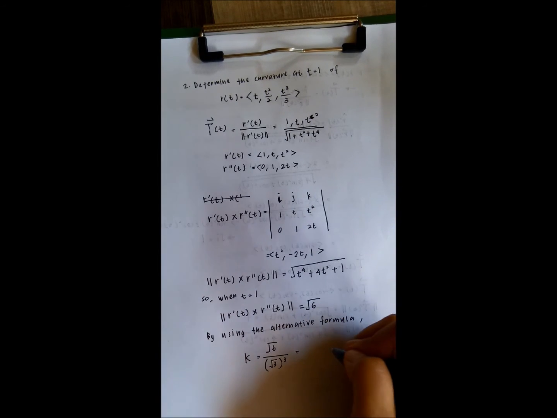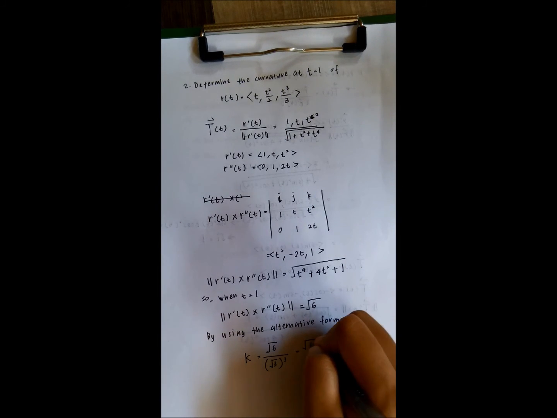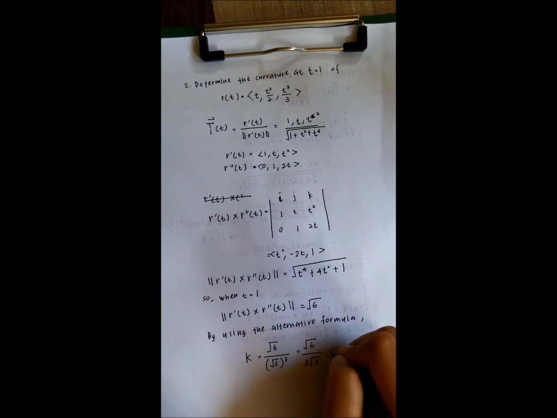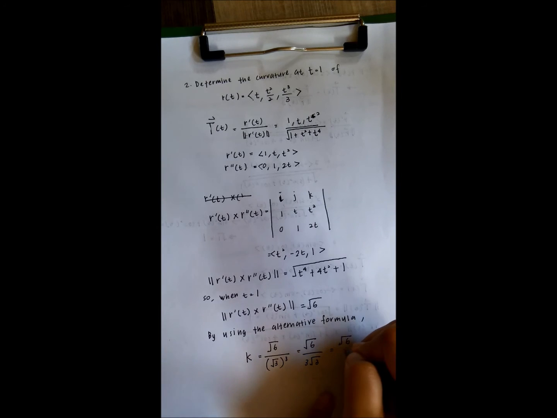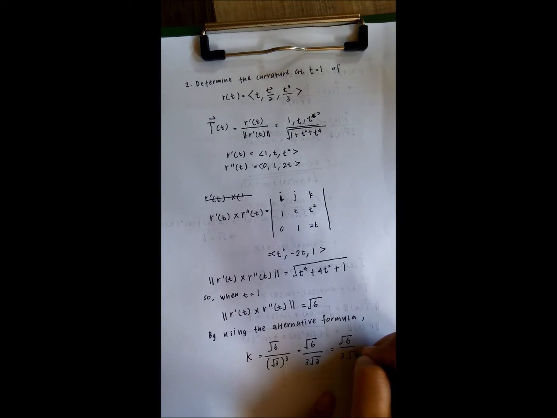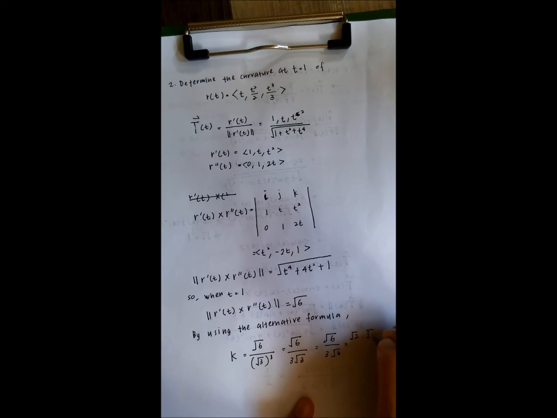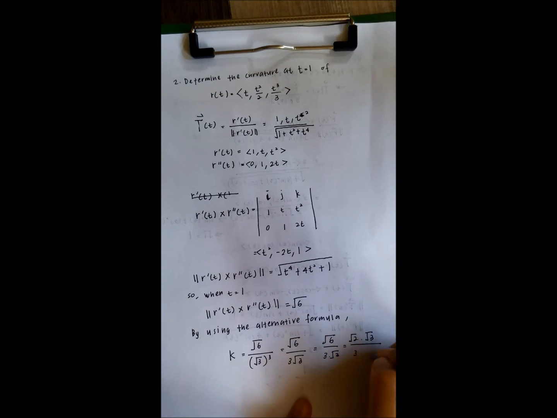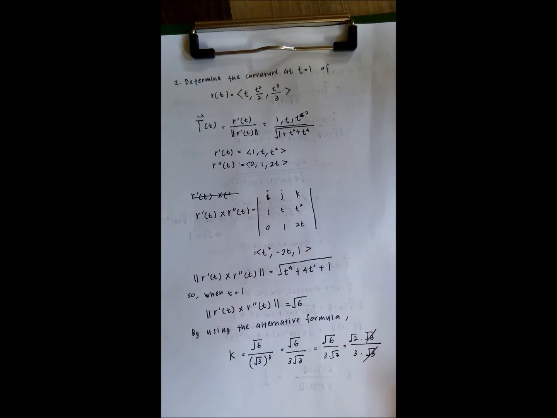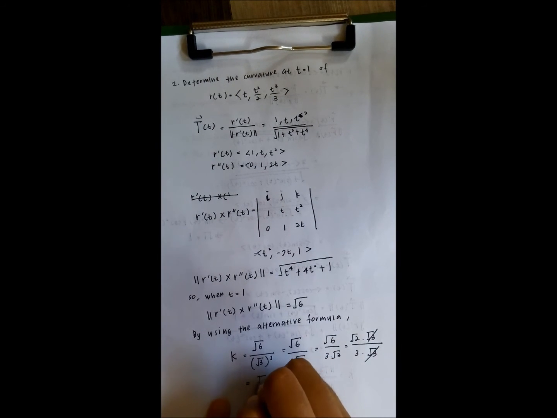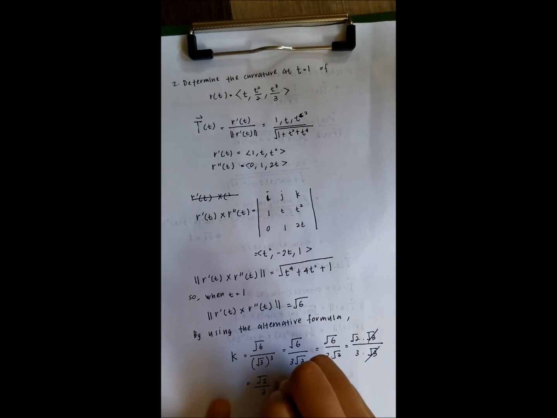So we simplify it, we cancel out the square root of 3, and we get the answer, approximately 0.47.